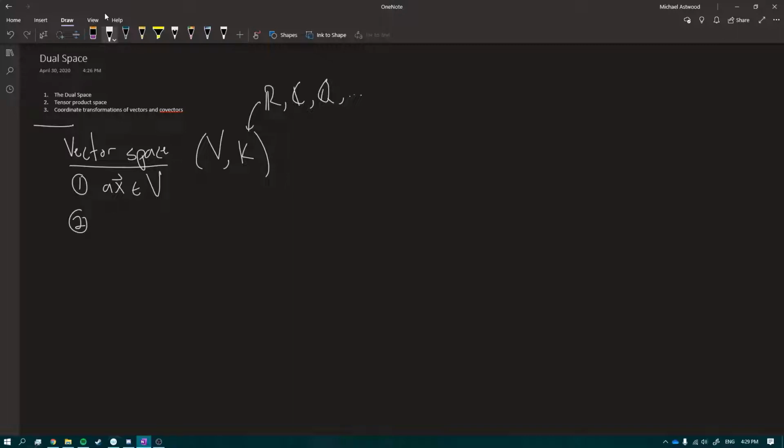Second of all, it needs to be closed under addition. And third of all, it needs to have all the properties that come with the field K. So, for example, commutativity of addition, and the distributive property, and so on.